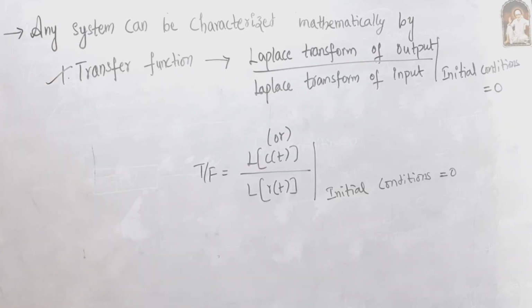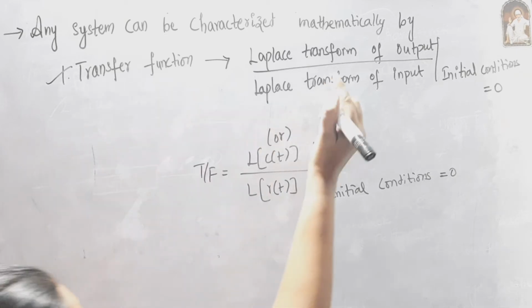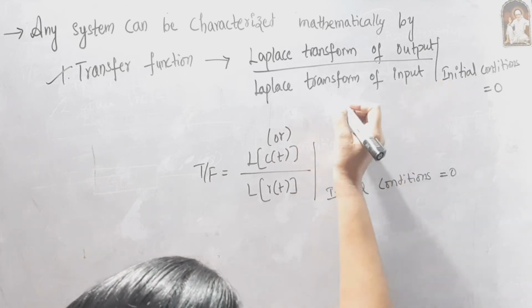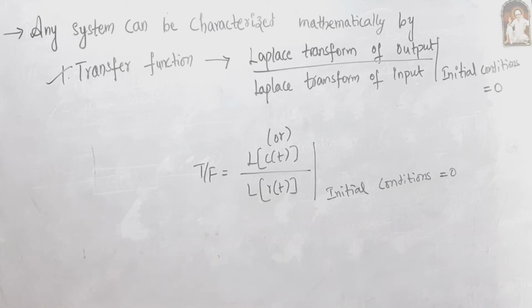It is necessary to understand the transfer function before going to the topic of effects of feedback on control system. Here the transfer function is defined as Laplace transform of output by Laplace transform of input with initial conditions equal to 0.